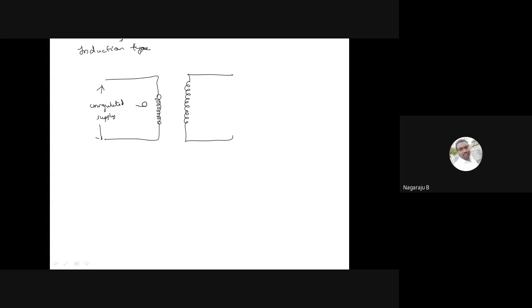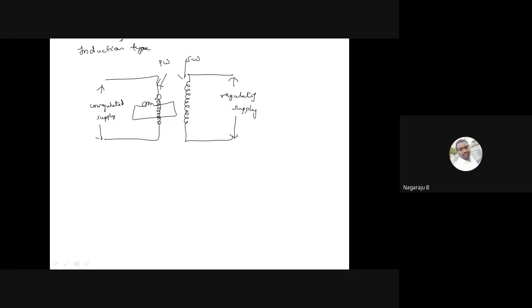Here on the primary winding, you have one compensatory winding. This is the primary winding. This is the secondary winding, and at the output we will have a regulated supply.